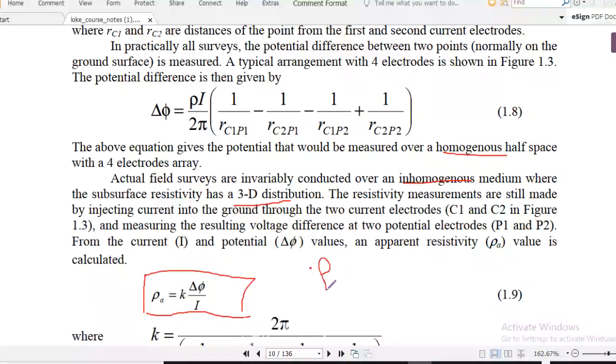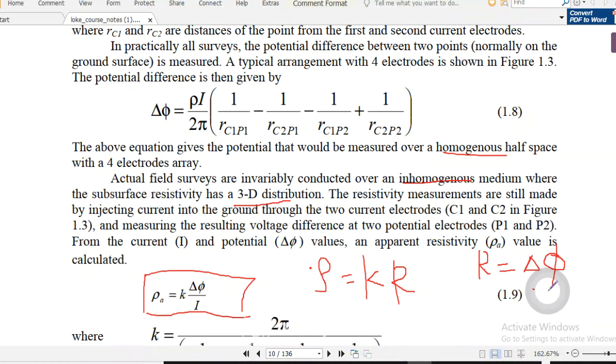So the resistivity is given by geometrical factor K times the resistance value. This resistance value is given by delta phi over I.